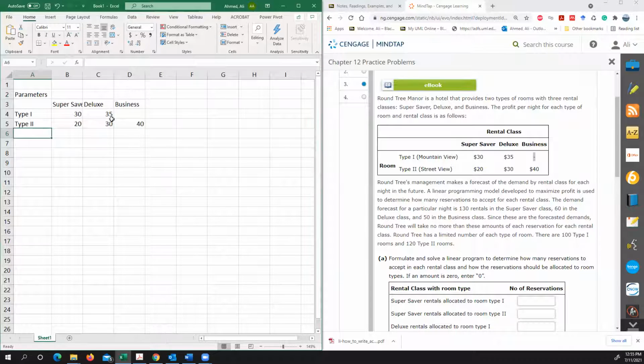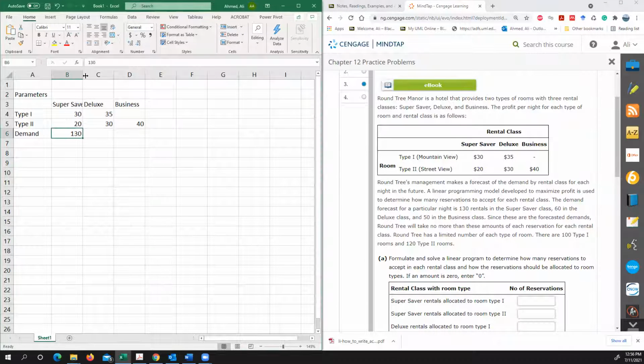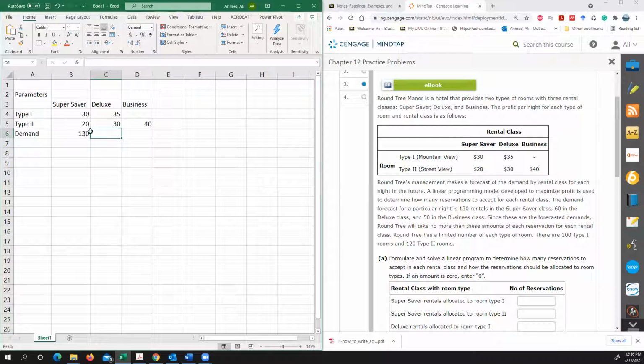And then here we know how much demand we may expect, so I'll put demand here too. I'm putting everything I got into my table. The demand for a particular night for Super Saver is 130. For this one it is 60, and for the other one it is 50.